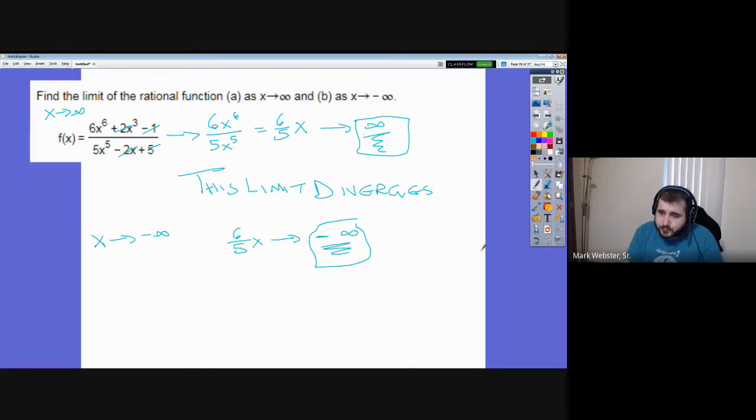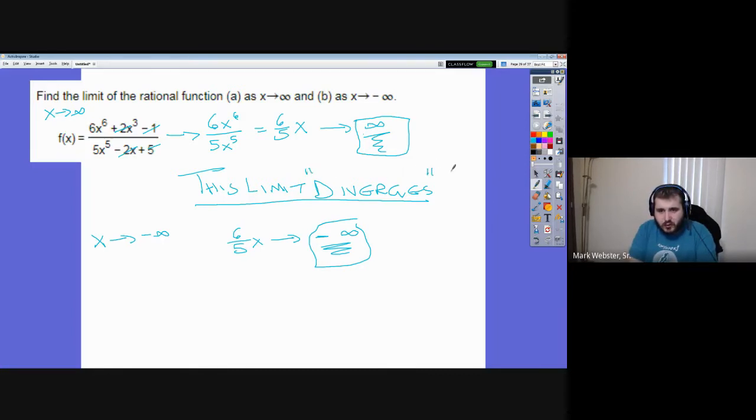But I want to talk about the fact that we say that this limit diverges. This limit has no number that's associated with it, not like 5 or 3/2 or whatever. The limit approaches infinity, and so we say it diverges. We're going to use that terminology here.